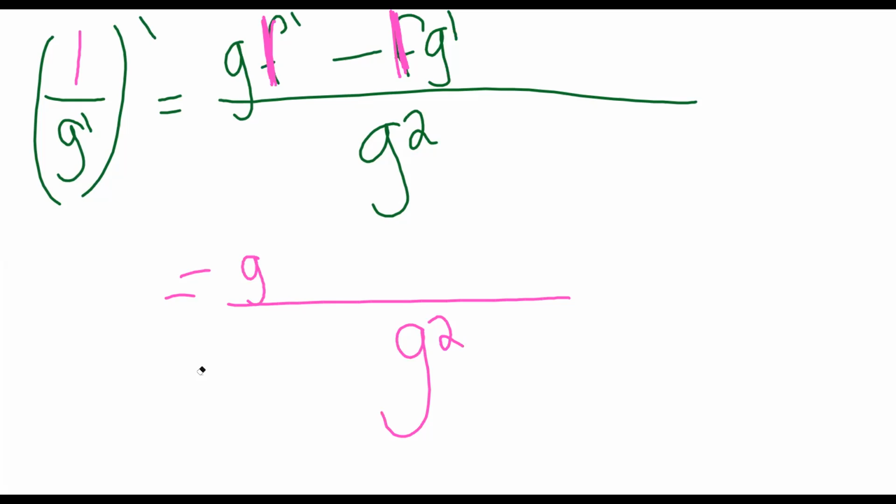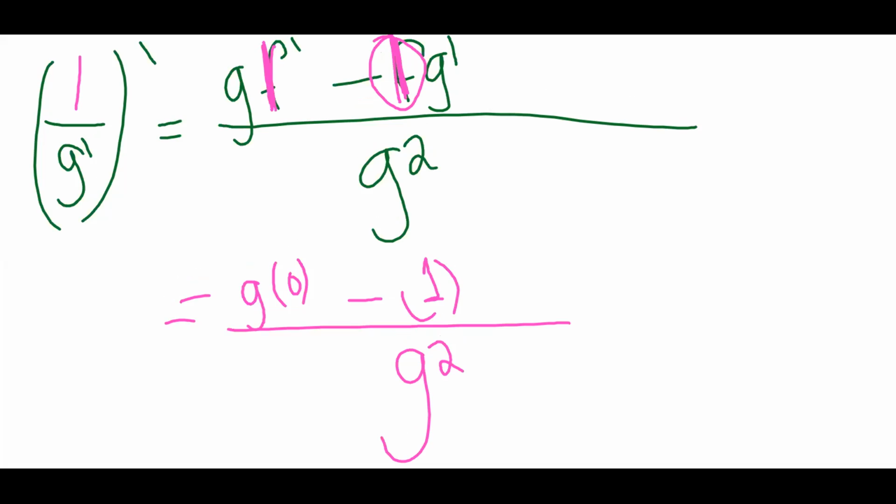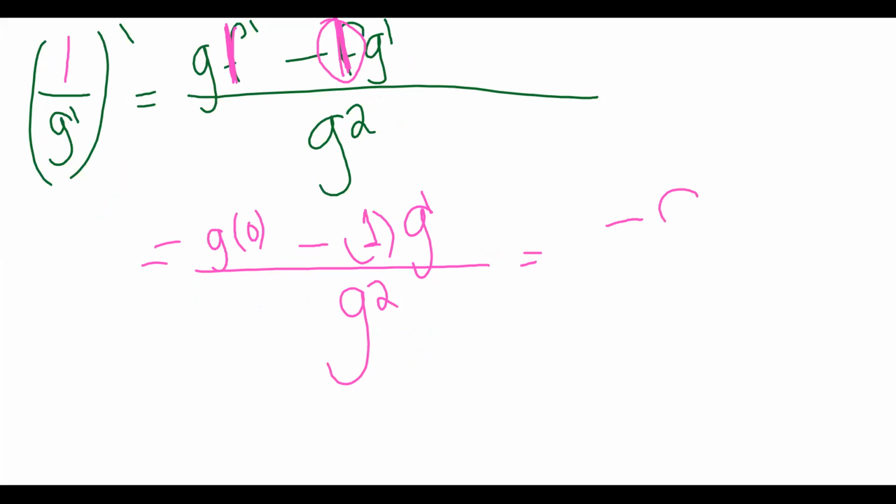What is the derivative of the constant 1? It is 0. Minus 1 times g prime. Can you write it as negative g prime over g squared? Because that term is 0, it is negative g prime over g squared.